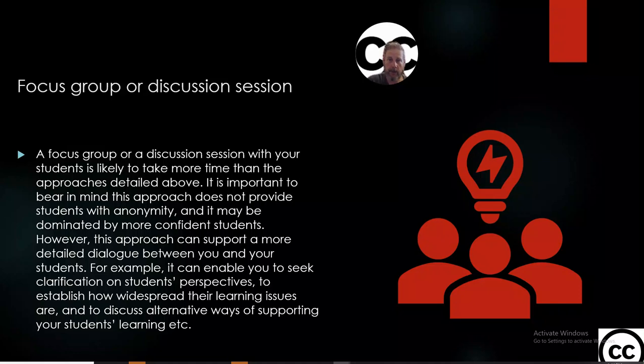And for my collaborative conversation I had with Chris, we discussed focusing on a group discussion. So a focus on a group discussion is a session with your students, and it's likely to take more time than the approaches detailed above. It's important to bear in mind that this approach does not provide students with anonymity. So everyone's going to be sharing, but of course everyone knows who and what you're sharing.